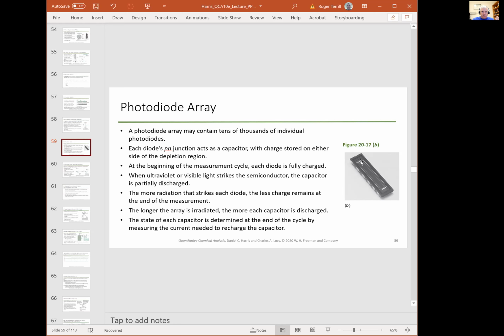So if you have a spectrum falling on the photodiode array, placed on the focal plane of your detector device, then you can collect the entire spectrum at once.